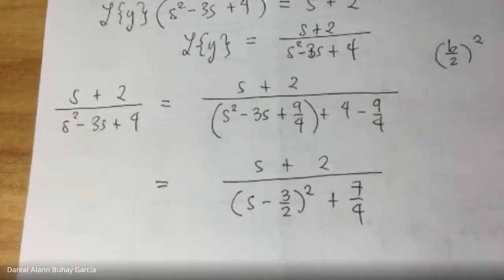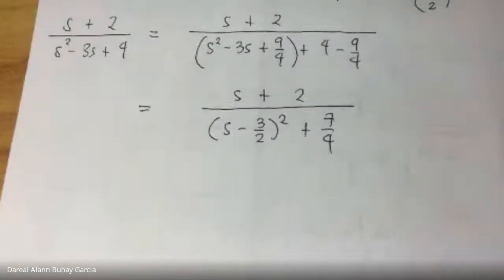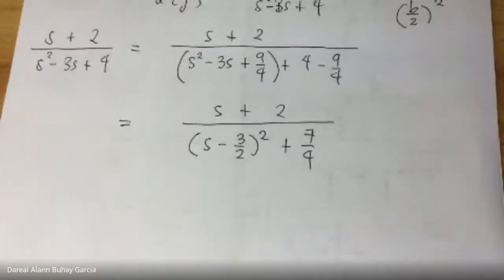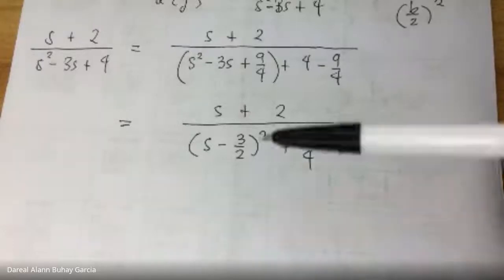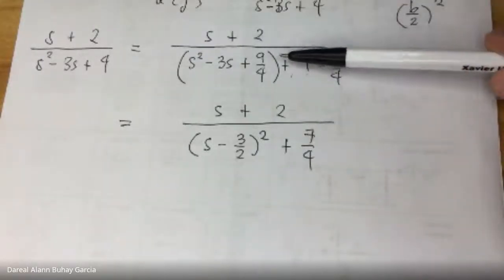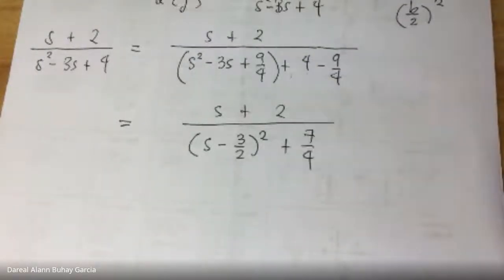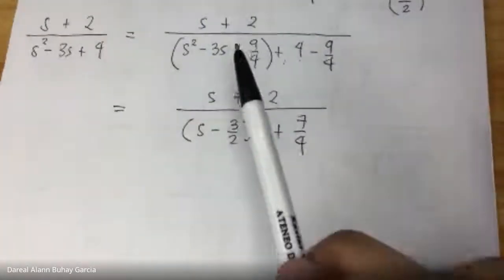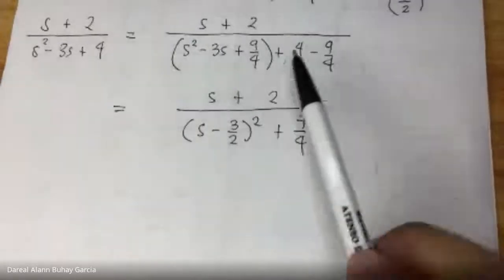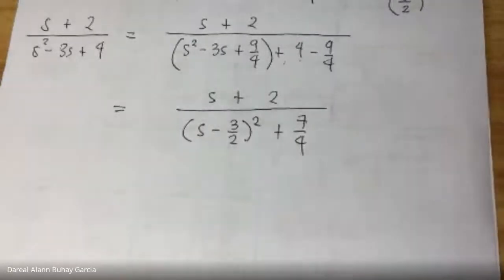So far, na-follow pa? Perfect square naman ang nitabo. Kani is na-simplify. Kani is gi-operate lang. Okay.